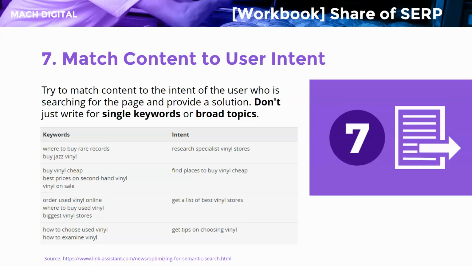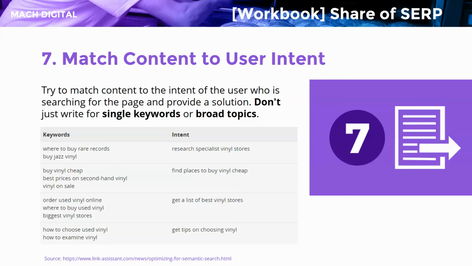Try and provide an answer, which I'll go into a bit more later, but think about what the user is expecting to see when they get to that page, and try to provide content matched to that. The examples here come from a great article from Link Assistant, which is in the notes.